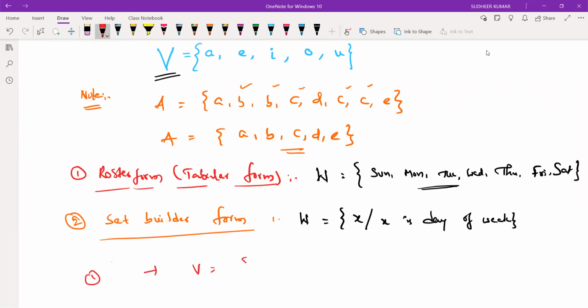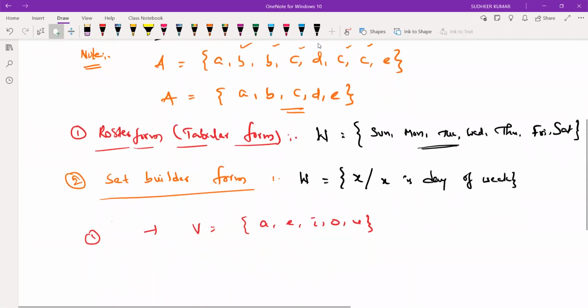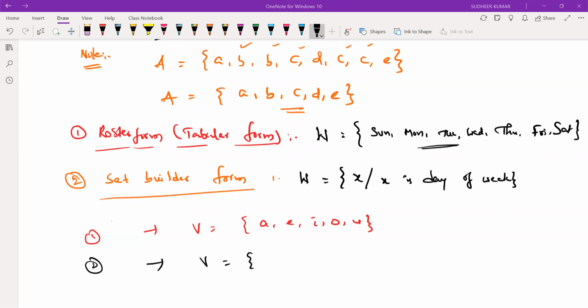So B is A, E, I, O, U. And the next one, set builder form: V equal to, what is V here? The set of, so we write the set builder form: X such that X is a vowel in the English alphabet.